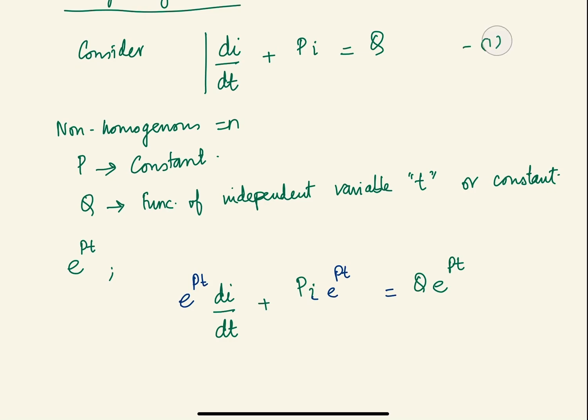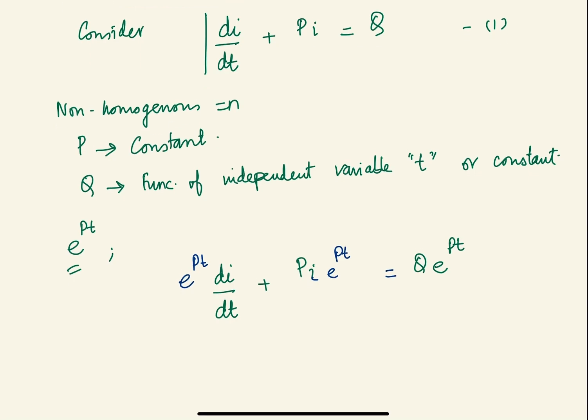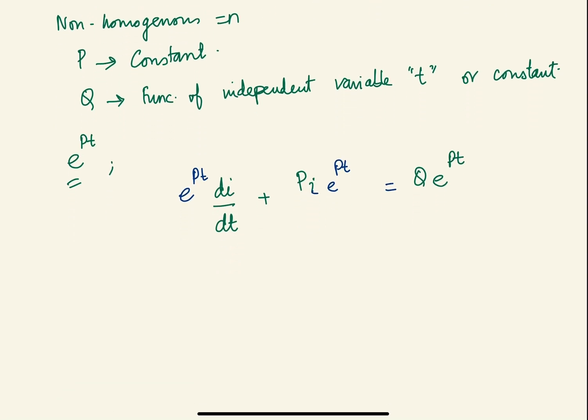I have multiplied this equation 1 by e to the power pt on both sides, and if you recall, we know that the derivative of a product of two terms is expressed in this form.